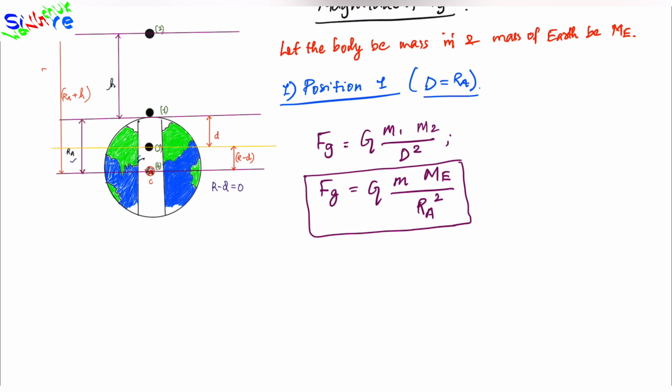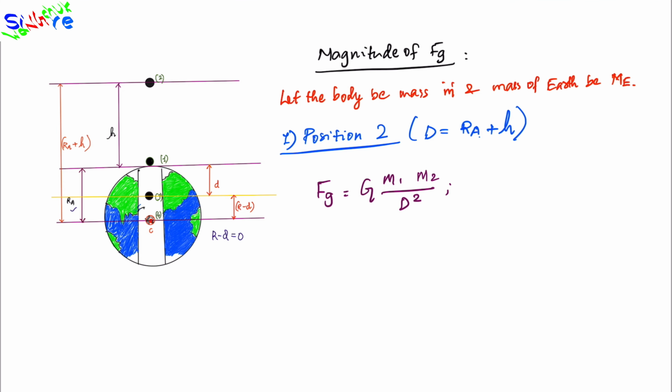Now next, at position 2, we know that D equals Ra plus h, where Ra is the radius of the earth and h is the height of the position at which the body 2 is located. Therefore, the distance between the center of the earth and position 2 is Ra plus h.